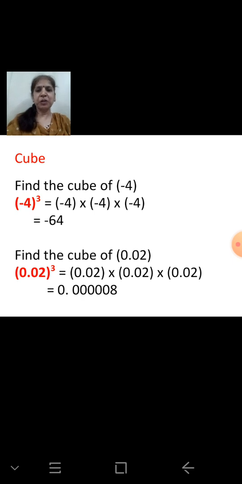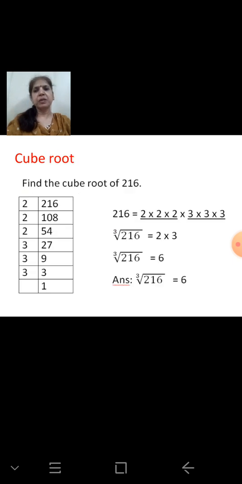Now you are going to learn the cubes: first cubes 1 to 10, then 11 to 20. Are you all ready with your books, notebooks, pens? You have to copy all these sums and practice at home. Okay, this was about cube.